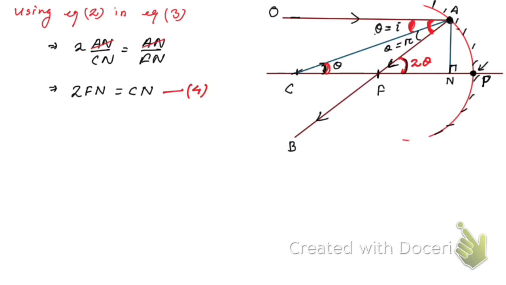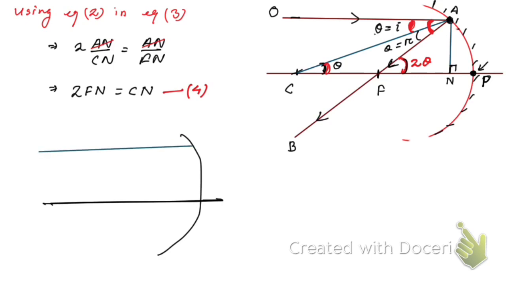Now you see, for the paraxial incident ray, if this is very close to the principal axis, then this perpendicular point will be very close to P. Let me give you an example. This is the mirror and here is the principal axis. Now consider this parallel ray. Let me draw another ray.